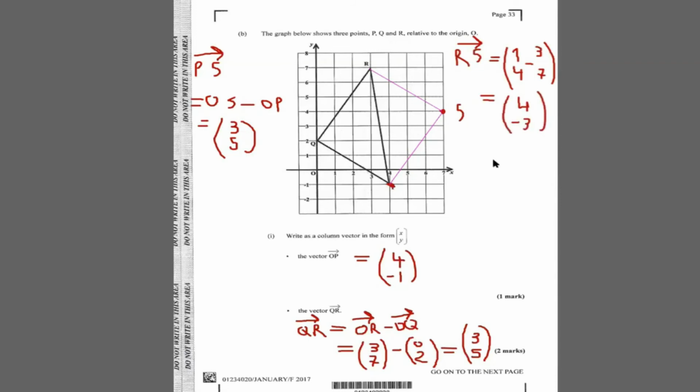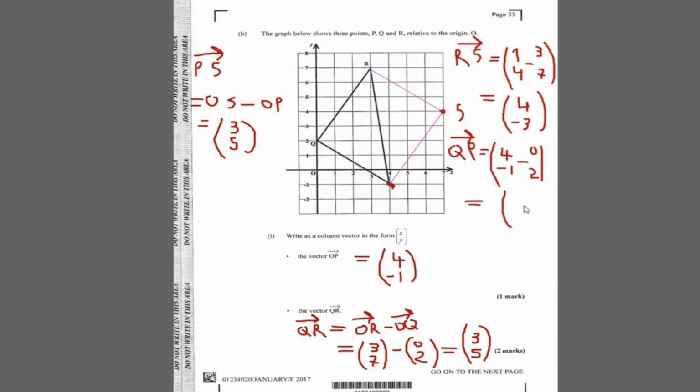Now next we need vector QP. What is going to be vector QP? Now vector QP is OP minus OQ. OP is 4, negative 1, minus OQ, which is 0, 2. So when you work it out, you're going to see 4 minus 0 is 4, negative 1 minus 2 is also negative 3.